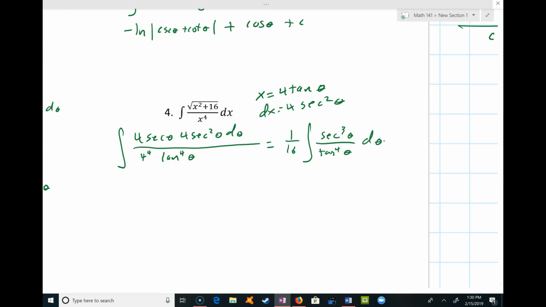Now, again, if it was secant squared, we would be in good shape right now. But it's not. So I think our next move would change everything to sine and cosine again.